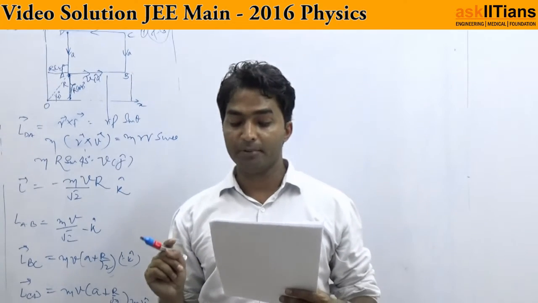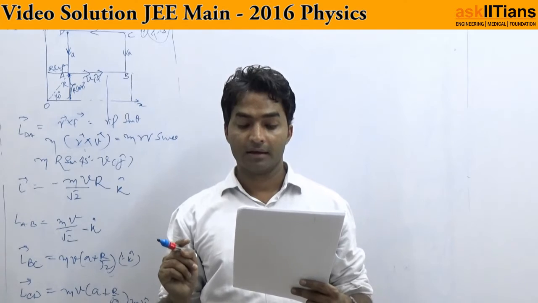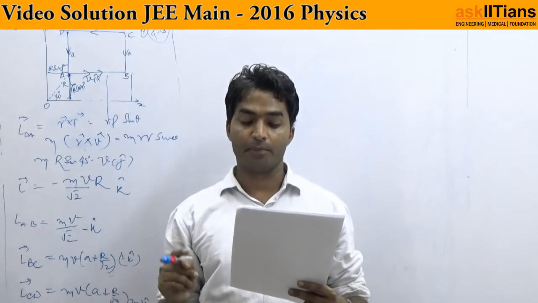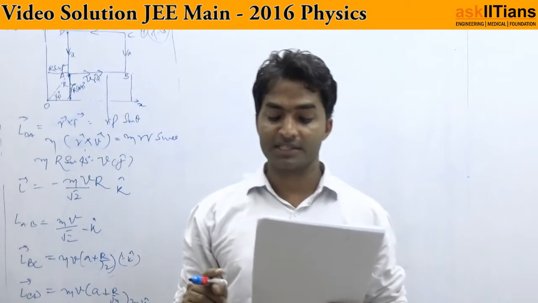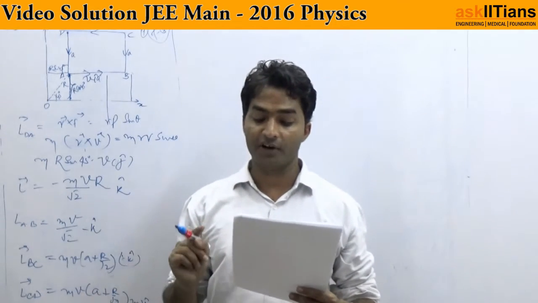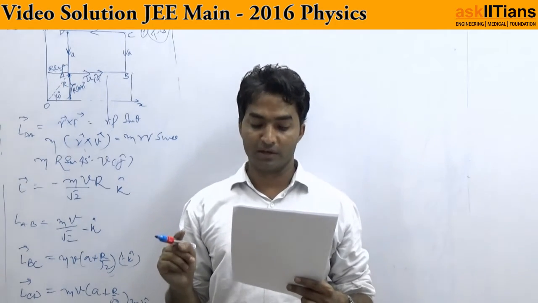Second, in amplitude modulation, the amplitude of the higher frequency carrier wave is made to vary in proportion to the amplitude of the audio signal. Third, in amplitude modulation, the frequency of the higher frequency carrier wave is made to vary in proportion to the amplitude of the audio signal.